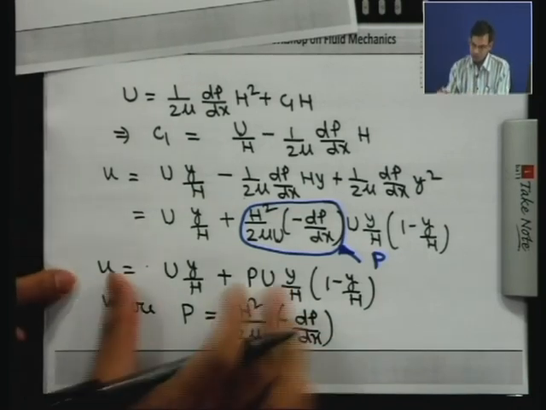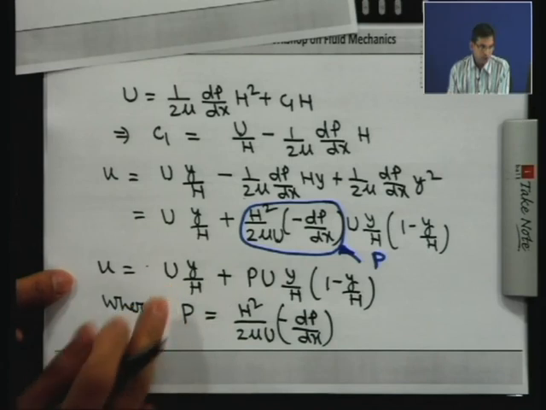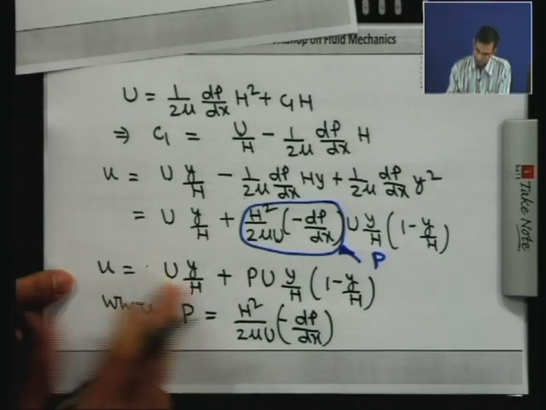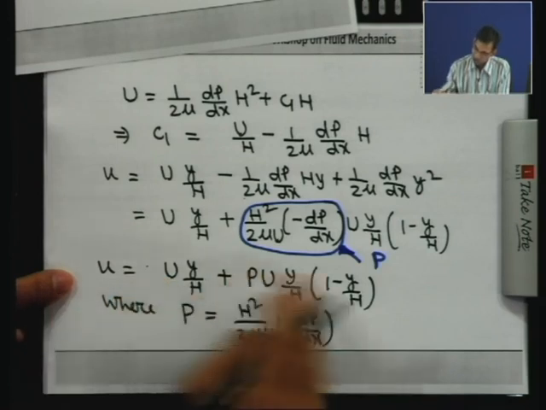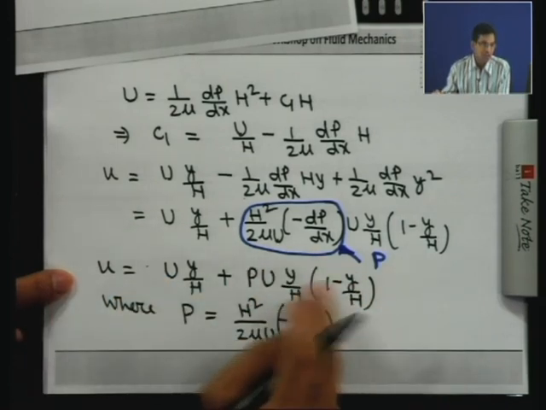So, this is the velocity profile which combines the first term due to the shear, that means the upper plate is moving with a uniform velocity, and the second term is due to the Poiseuille flow, that is due to pressure gradients.